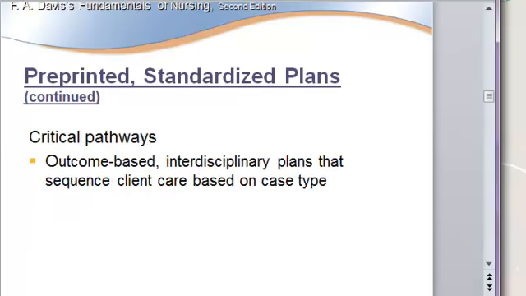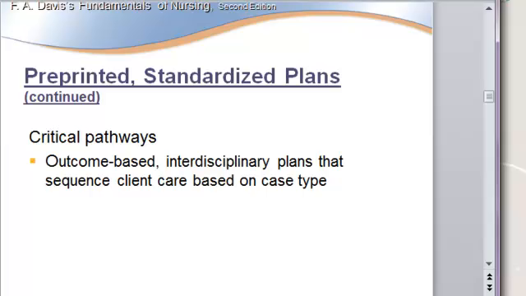There's also what they call a critical pathway, and in Wilkinson, Volume 1, Chapter 5, on pages 88 and 89, there's a plan of care from the Genesis Medical Center in Iowa, and then there's also a critical pathway for a patient with a lower joint, hip, or knee repair.